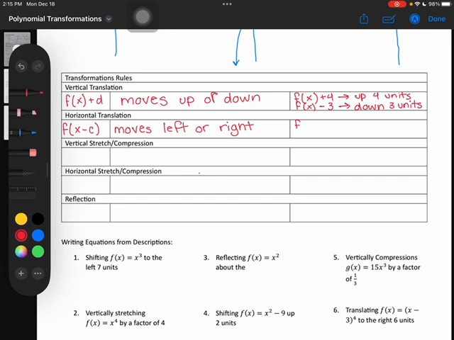So if we have f of x minus 2, that's going to move it right 2 units. And if it's a plus, so if we have f of x plus 1, that's going to move it left 1 unit.